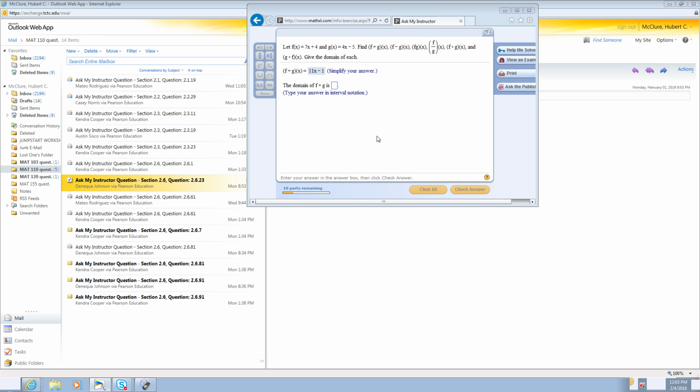All right. 2.6, 23/13. F of x is equal to 7x plus 4. G of x is equal to 4x minus 5. We need to do f plus g of x, f minus g of x, f times g of x, f divided by g of x, and f composed of g of x.